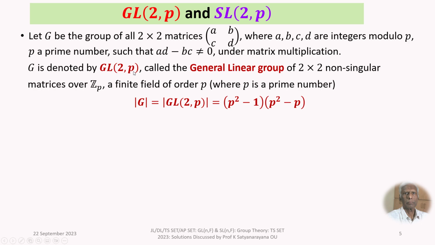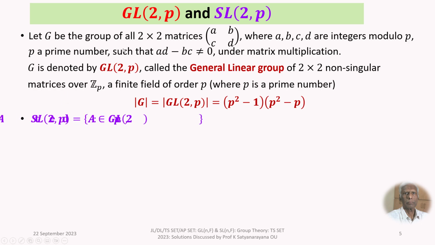So GL2(Zp) denotes the group of all 2 by 2 non-singular matrices with the entries coming from Zp, a finite field of order p, where p is a prime number, and it is a general linear group. That is why GL has come. Right, the order is given by this.